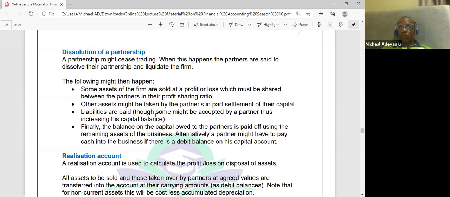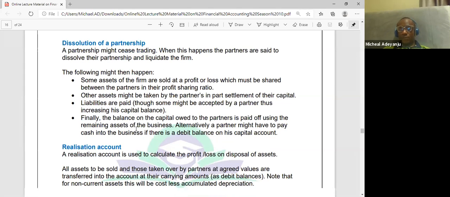Liabilities are paid, though some might not be accepted by the partners, thus increasing their capital. So it depends on the nature of the liability, as some might not be accepted by the partners. And finally, the balance of the capital owed to the partners is paid off.